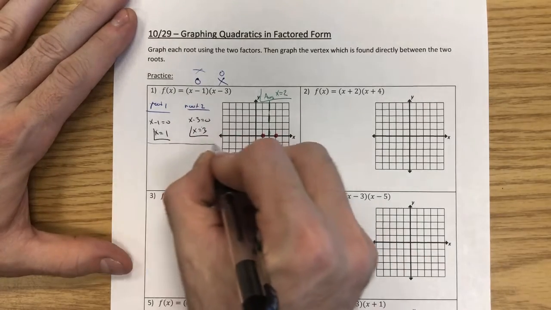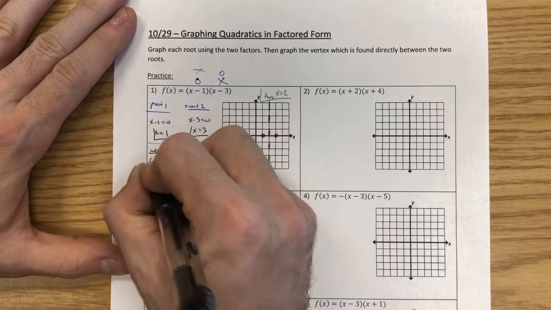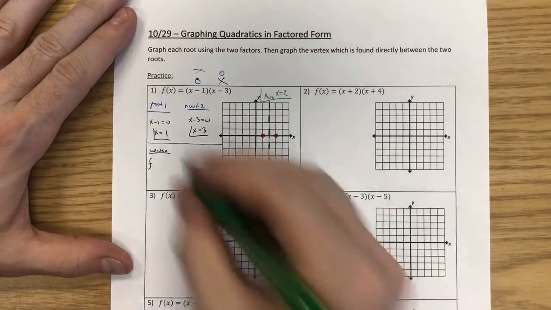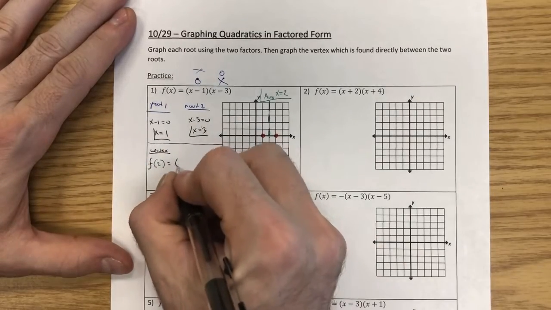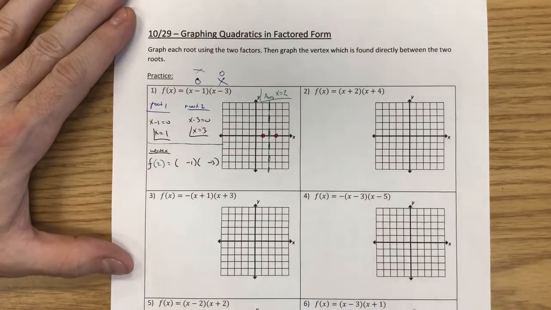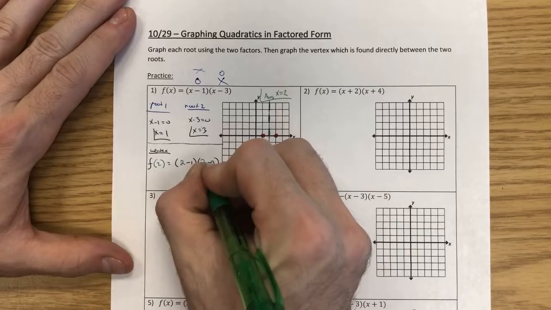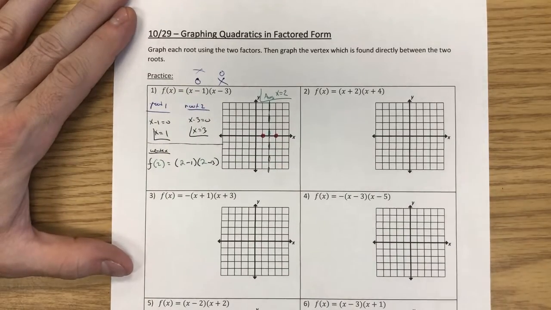And so I say, okay, to find the vertex, plug in f of 2. And that's going to equal 2 minus 1 times 2 minus 3. I'm going to plug my 2 into both spots where there's an x.